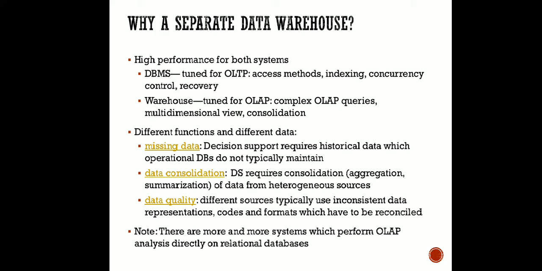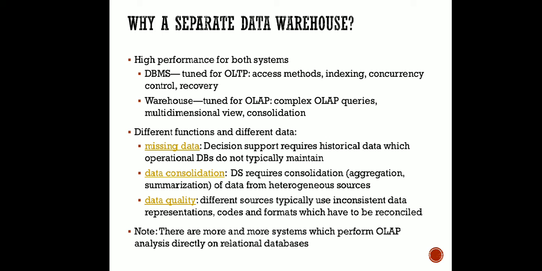Fine, so there are different functions and different data, and we have seen what missing data is, and we have seen some techniques to guess what the missing data can be. There is one function called data consolidation, which means decision support may require aggregation and summarization. Why?